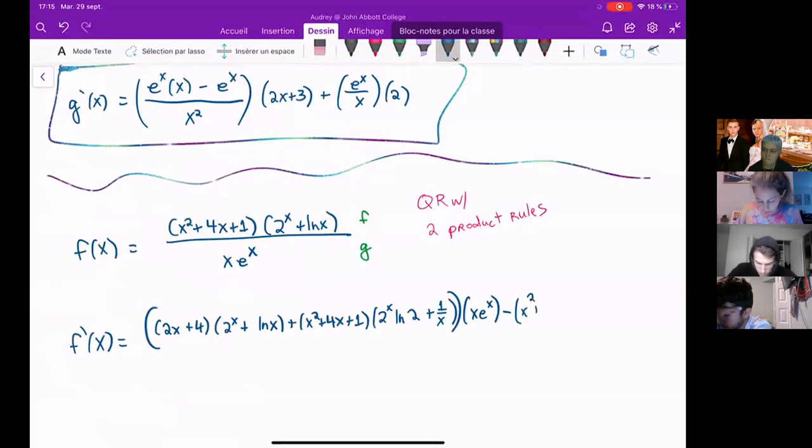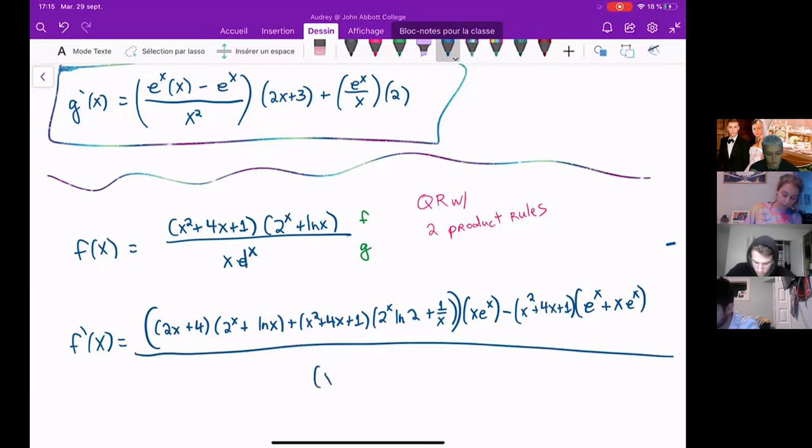I hope I'm going to have room here. Times the derivative of the bottom, which is the derivative of the first, times the second, plus the first times the derivative of the second. All over the bottom squared.